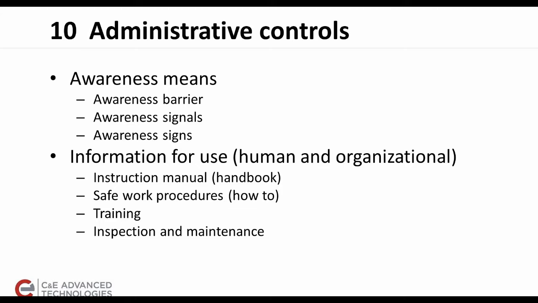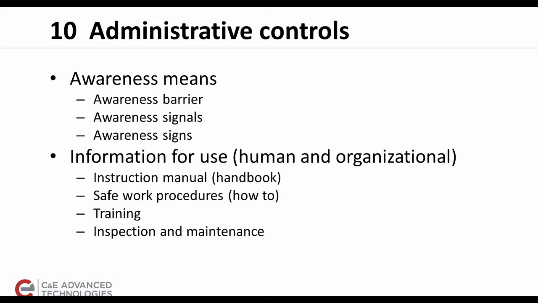By the way, a line painted on the floor is not an awareness barrier because it doesn't have that physical impact. It is more an awareness sign. The awareness signals, of course, can be either visual or audible. Again, notice all three of these, effectiveness is a function of the reaction of the individual when they become aware of the situation, either by the barrier, the signal, or the signs.